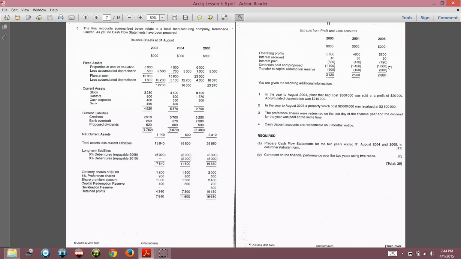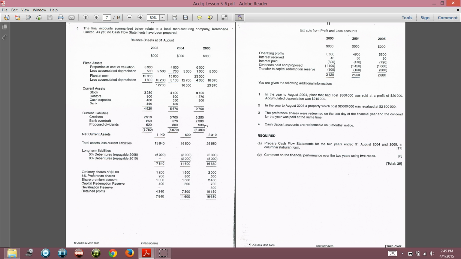So plus 1660 equals 2460. So assuming we paid the shareholder no dividend at all, we should owe them 2460. But over here it is only 930. At the end of 2005 we owe them only 930. So how much have we paid the dividend to the shareholder?